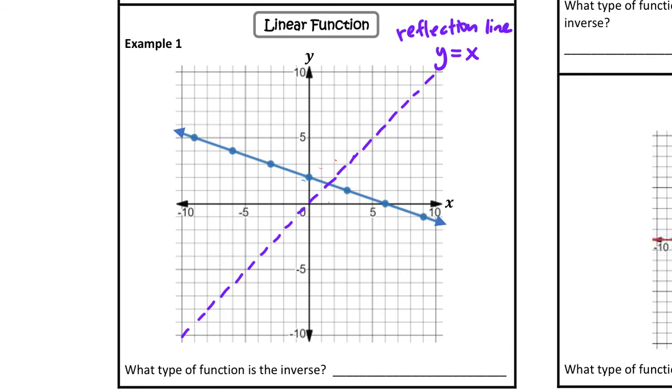Same thing if I go from this blue point over here: how far is it to the line of reflection? If I go the same distance in the opposite direction, I get this point.